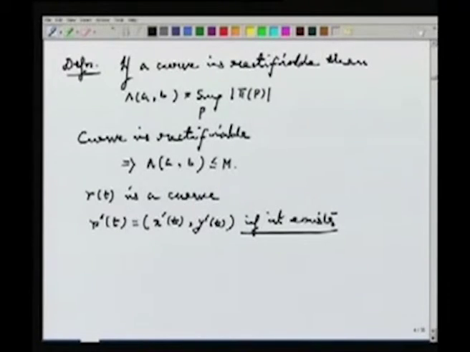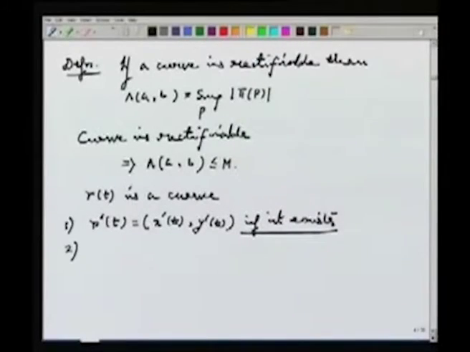That is, I am imposing more conditions on the component functions x(t) and y(t). Okay, I am demanding that they are differentiable. Earlier I started with just continuous curves, but this is something more. I am assuming that the derivatives of the component functions also exist.